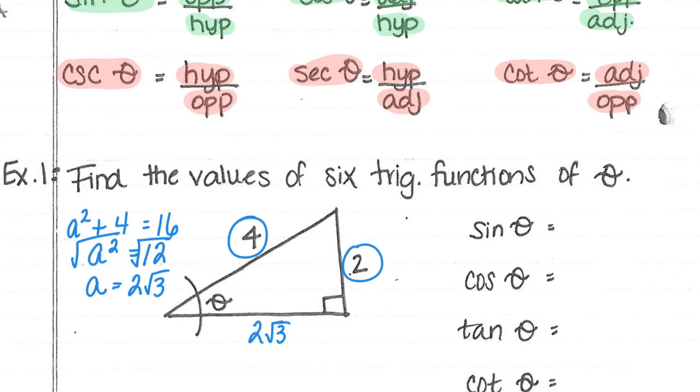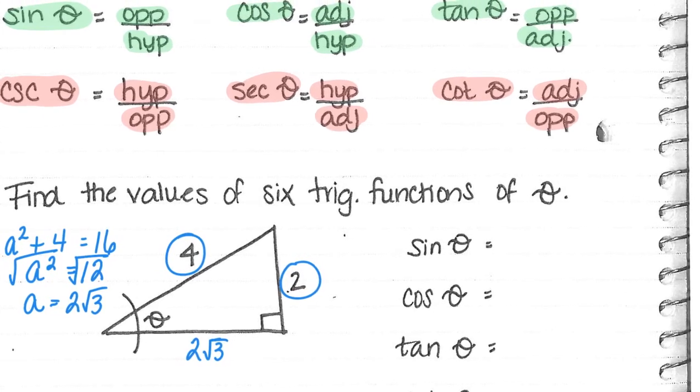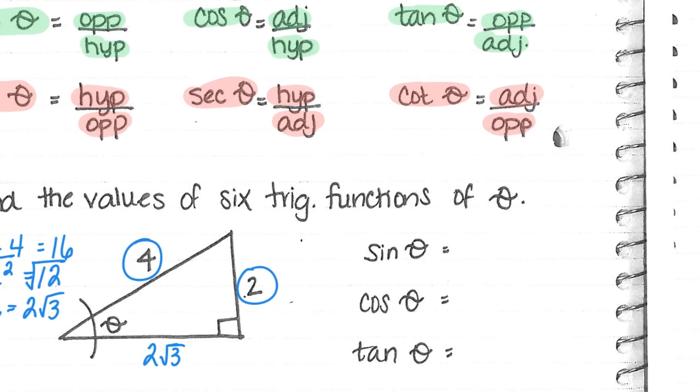And obviously, to find the SOH CAH TOA, I have to go ahead and flip everything. I'm going to actually not show it like this. I'm going to put it the way we're used to seeing it. So sine, in this case, is opposite over hypotenuse. That's going to be 1/2 because I'm just going to reduce. Cosine is adjacent over hypotenuse.